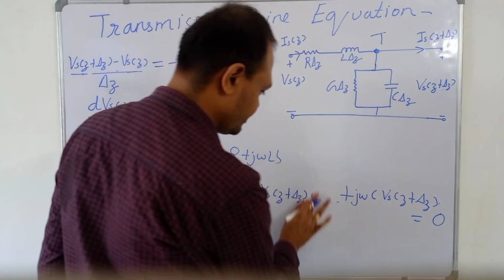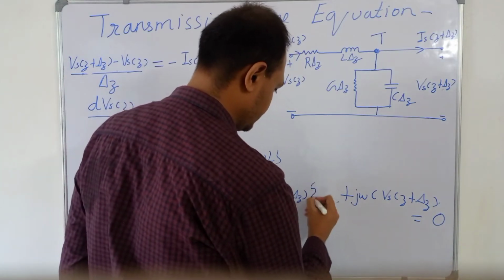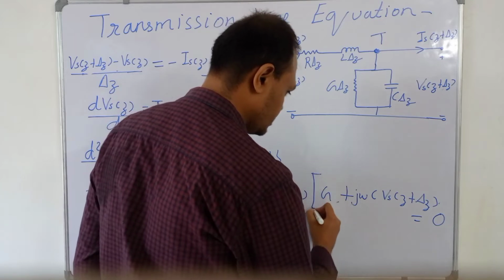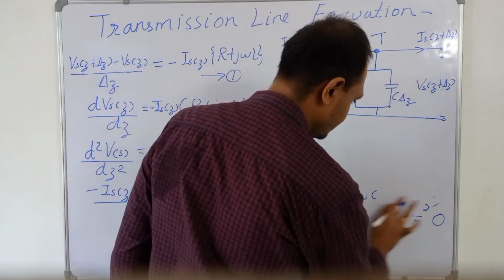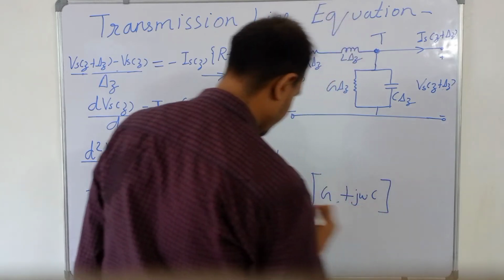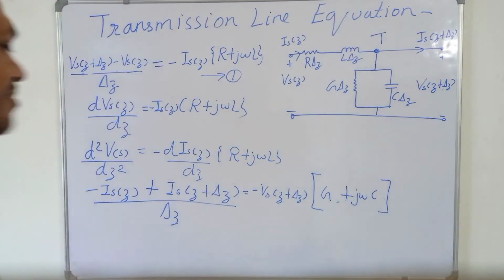So it will give G plus j omega C, and this will be with minus sign because we have taken it on the right hand side.